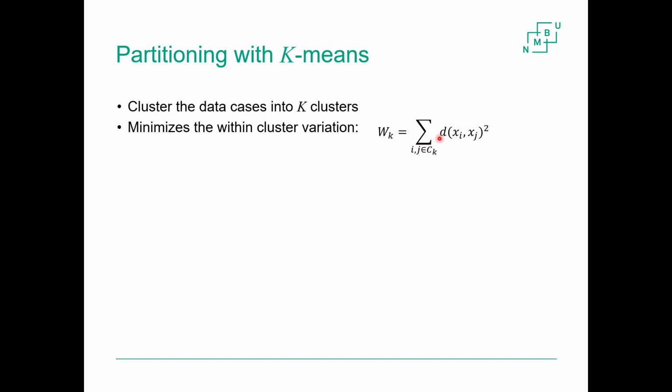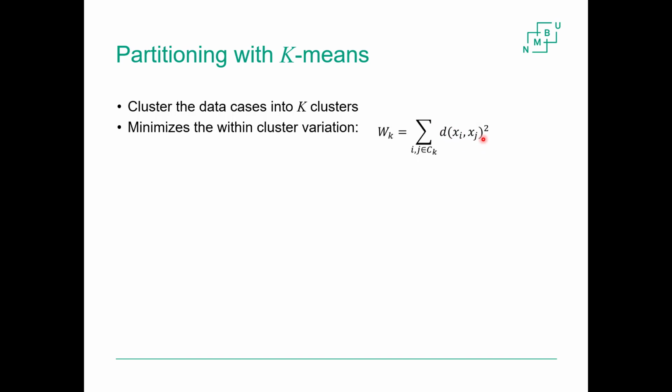And we sum up the squared distances between all the members of that group. I should immediately add that the distances used by the k-means algorithm are the Euclidean distances, nothing else. You have no option here.